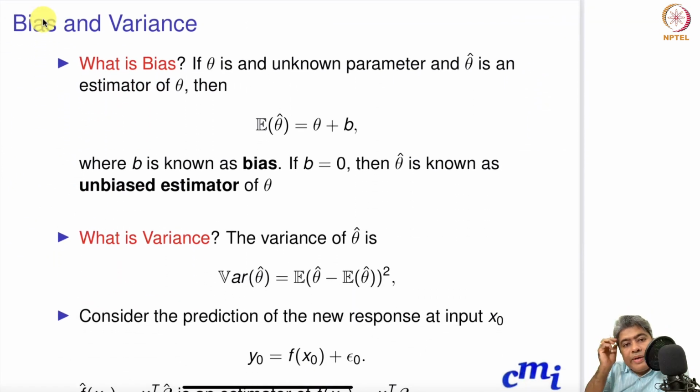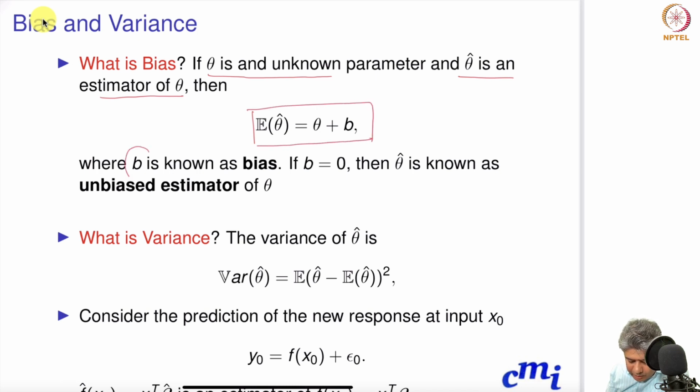So, what is bias? If theta is unknown, and theta hat is an estimator of theta, then if the expectation of theta hat is equal to theta plus b, then b is known as the bias. If b is 0, if your bias is 0, then theta hat is known as an unbiased estimator.